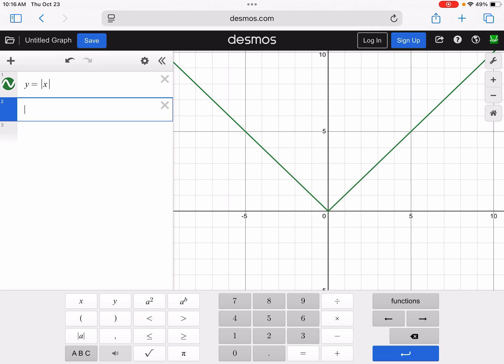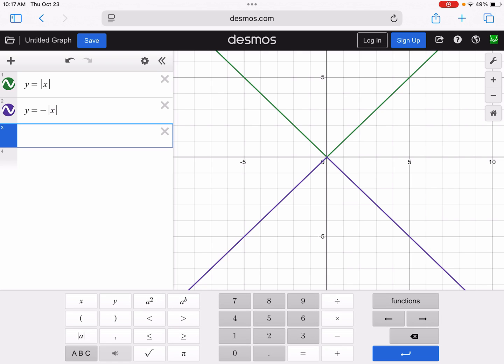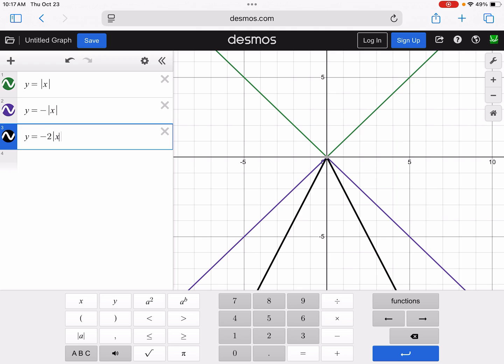If we multiply this function by negative, we get negative absolute value of x. See, the graph is reflected across the x-axis. Now we need 2, right? So multiplying by 2 means we stretch vertically away from the x-axis. So we have y equals negative 2 absolute value of x.